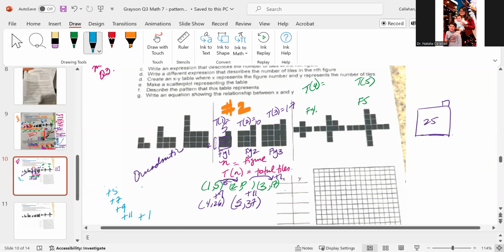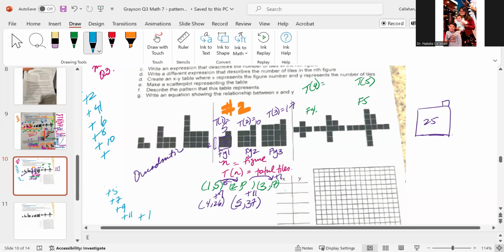And then? What is after that? 2, 4, 6, 8, 10.